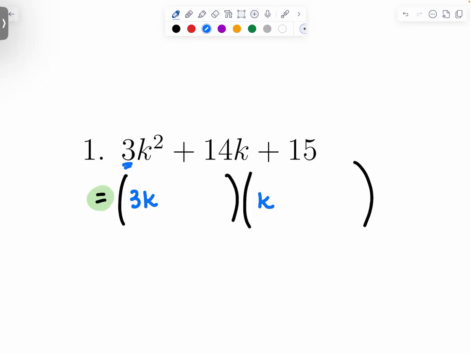So that's the first piece of guaranteed information that we can obtain. The second piece of information that we can obtain is this. When you see both being plus signs, that means only one thing, and that is inside the two sets of parentheses, they must be both positive, because positive times positive gets you positive.